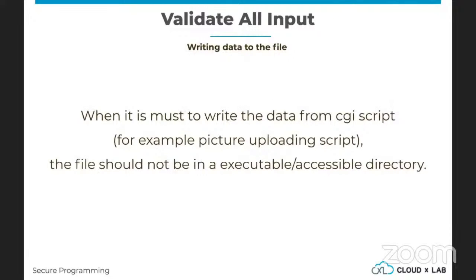For example, one of the common bugs that exists in most servers even today is this: they allow you to upload images. Inside the image, let's say you write your Python program and rename it to JPG. The first line of any Unix program tells how to execute that program.